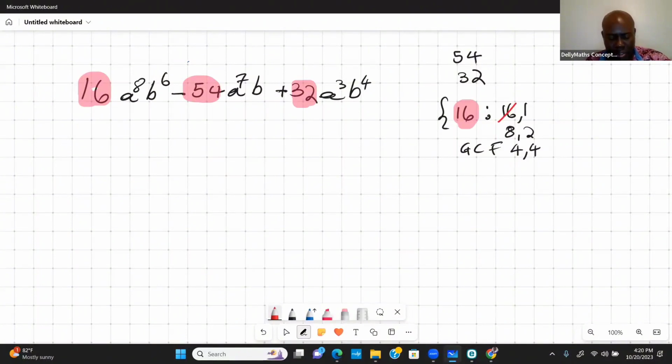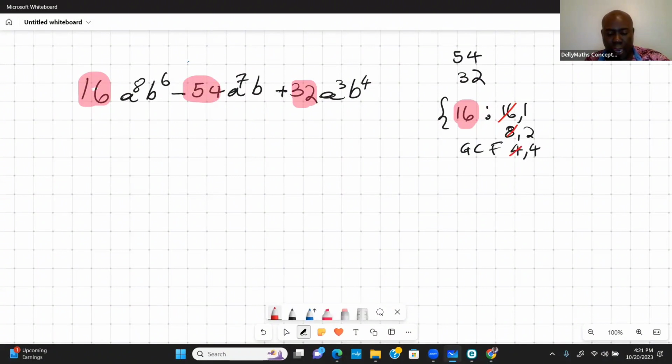Can 8 go into 32? Yes, 4 times. Can 8 go into 54? Let's divide it. Take your calculator, check it. Well, no, it can't work either, right? So 8 cannot go into 54. Now let's try 4.